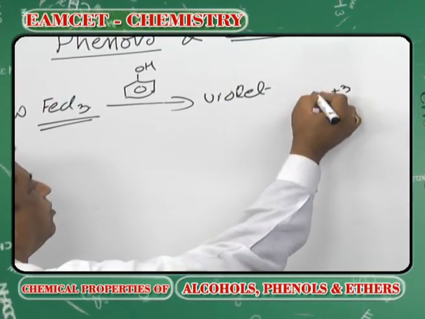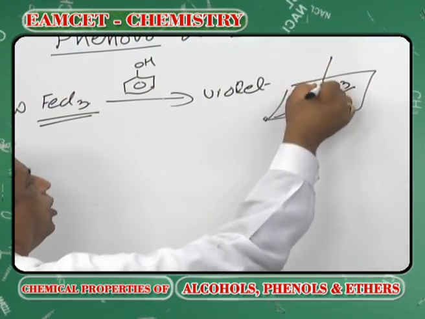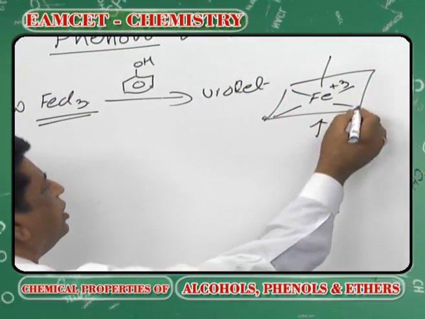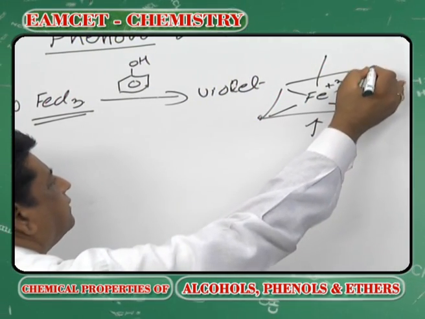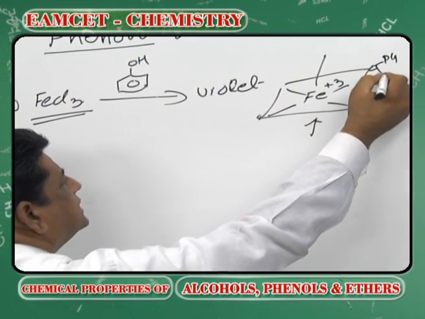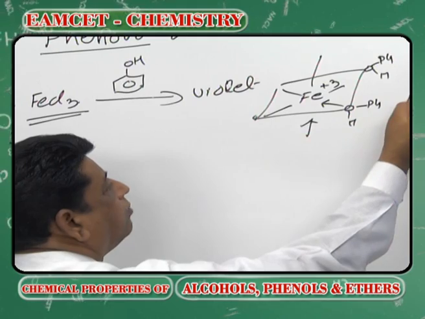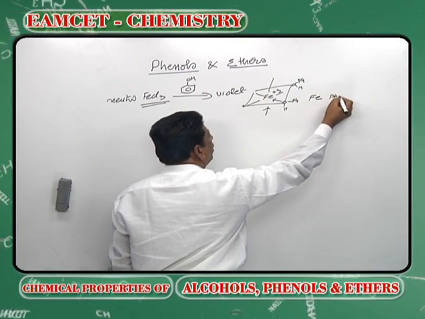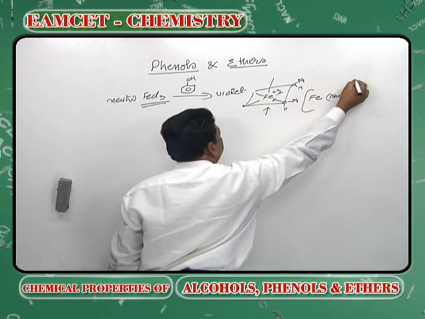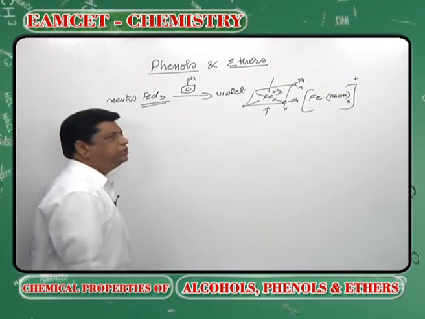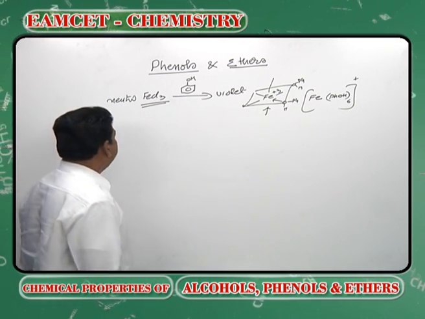Fe+3 has six sides, 4 sides, 1 from the top and 1 from the bottom, with 1 phenol on each. Six phenols on the six sides act as neutral molecules, as ligands. So you can write the complex like this: iron with phenol six times. A complex ion is formed, a complexation taking place. That's why this reaction gives a violet coloration.